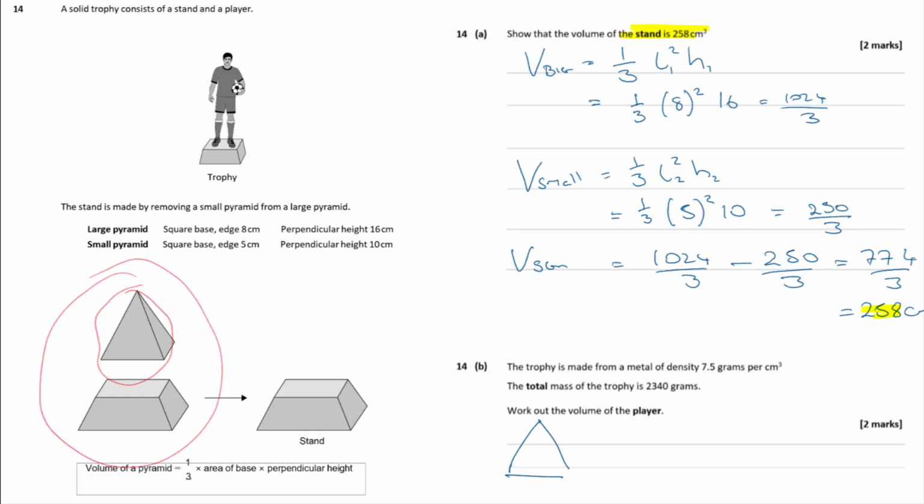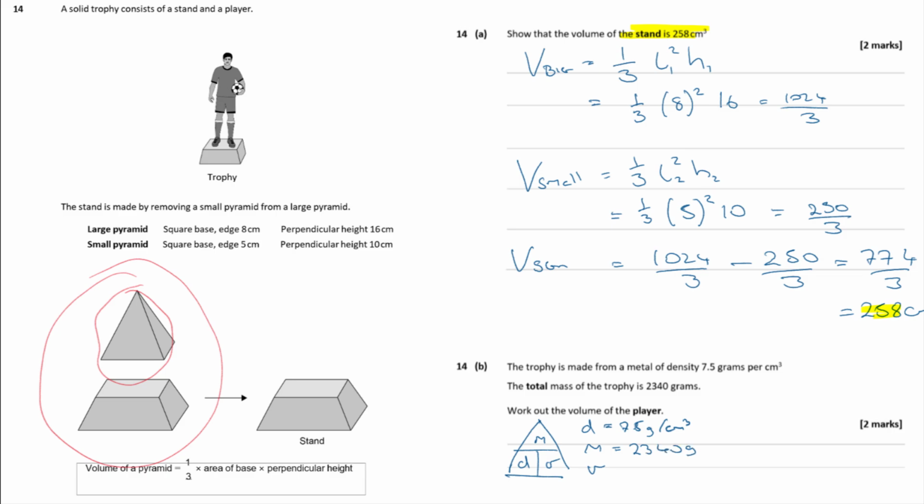Right, so formula for density. Density, mass, volume. Okay, so what have we been given out of those three things? We know the density is 7.5 grams per cubic centimeter, and we know the mass is 2340 grams.